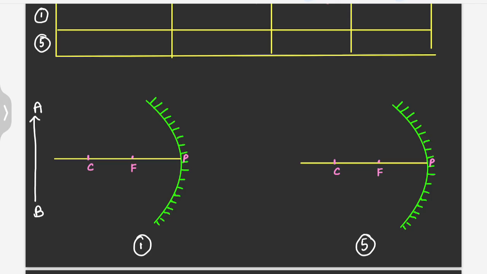So now let us draw the incident rays. From here, draw one incident ray like this. This is one incident ray. This is the ray which is passing parallel to the principal axis. This is called the principal axis. So this is the ray which is parallel. Already we have learned the standard incident rays in the previous video, where I taught you how to draw them.